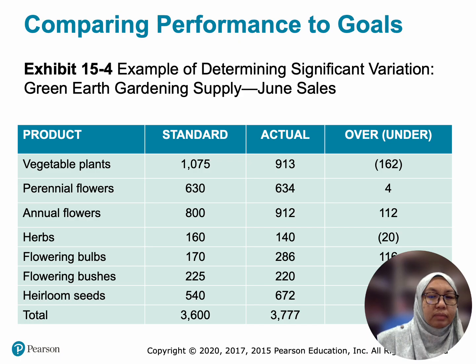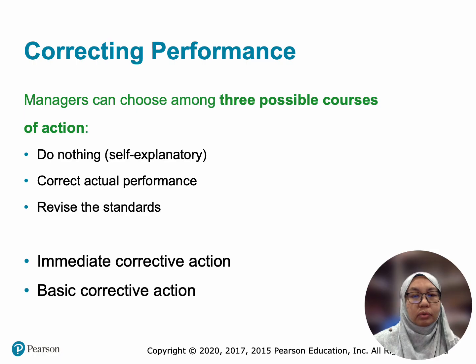So the manager can take action, ordering fewer vegetable plants and increasing the order for annual flowers. This is one way that managers can exercise control.